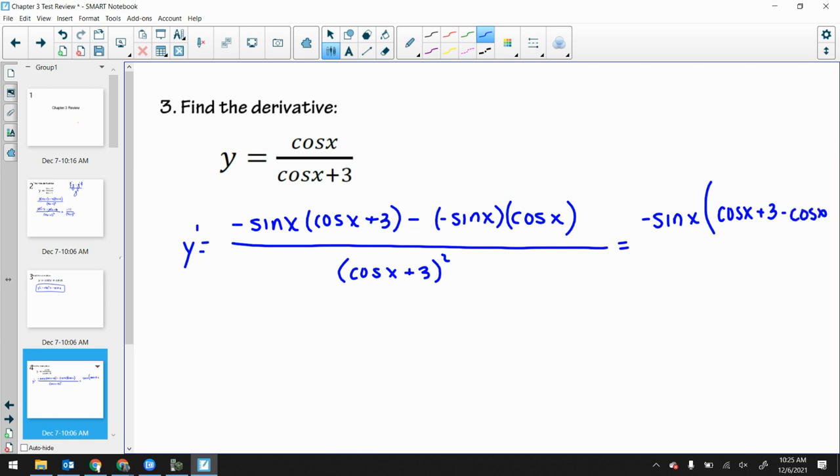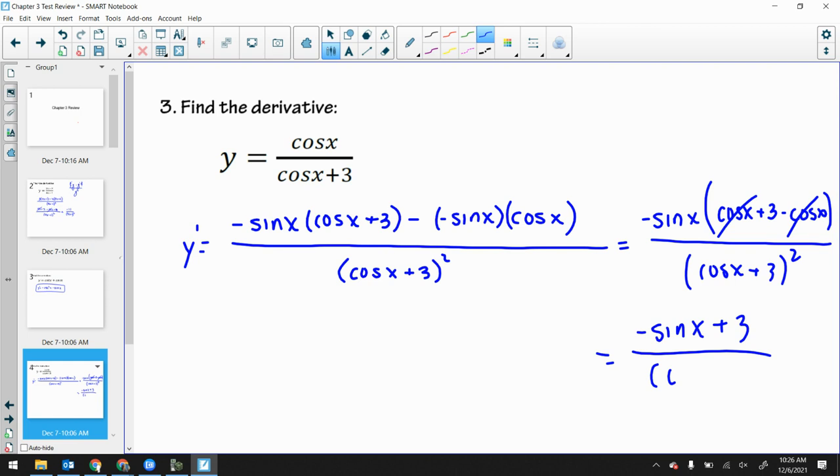Okay, be careful with that. All divided by cosine x plus 3 squared. The reason why it's a minus, and that's going to cancel, is because the negative got carried all the way out. So that doesn't cancel, make it a positive because we removed it all the way. So we have a negative sine x plus 3 over cosine x plus 3 squared. And I believe that's all we can do with that.